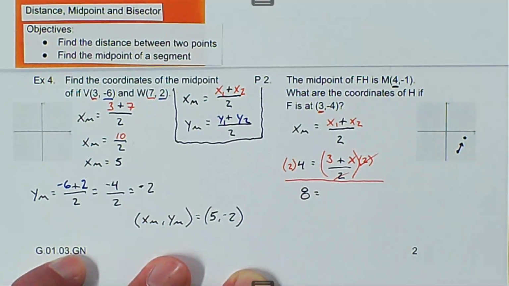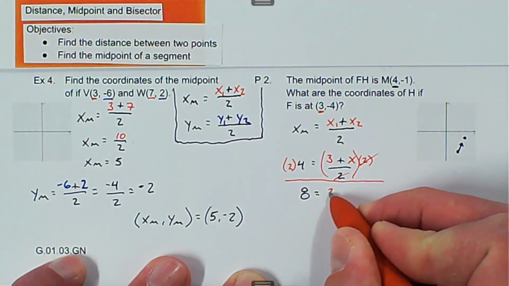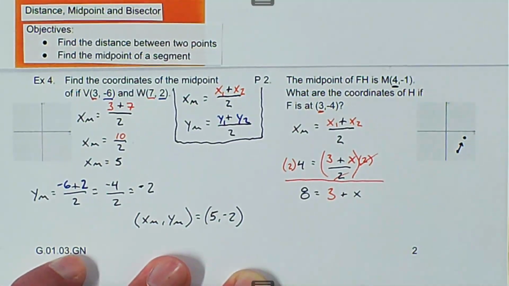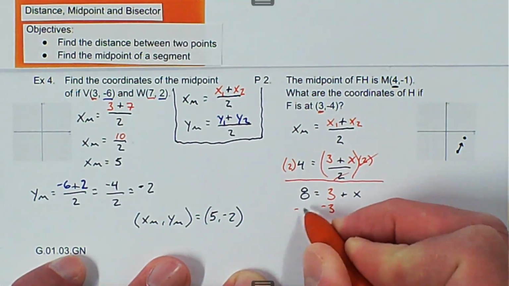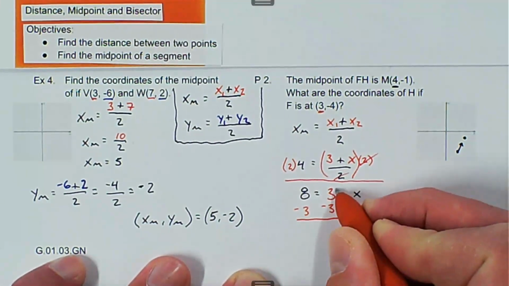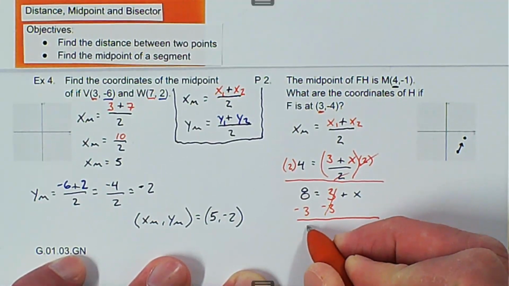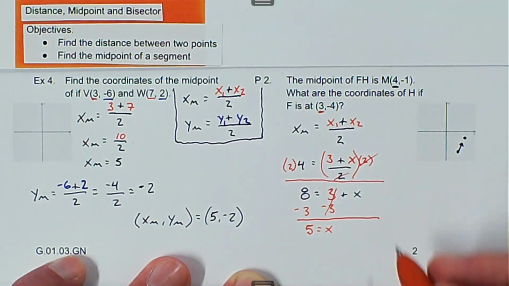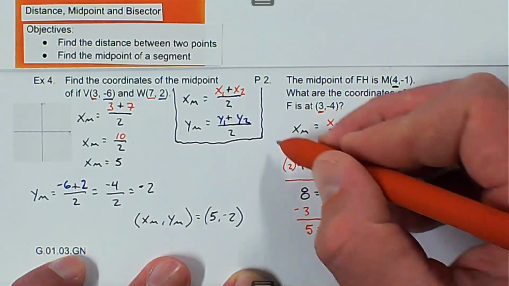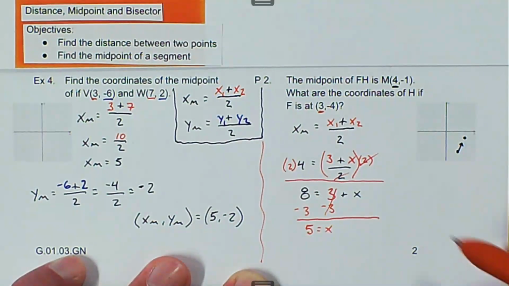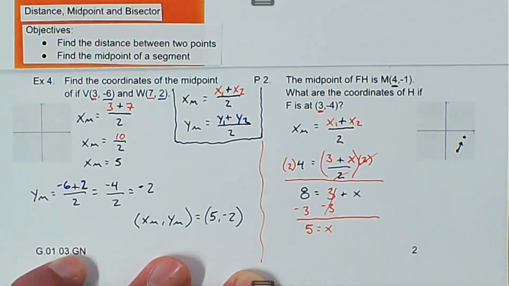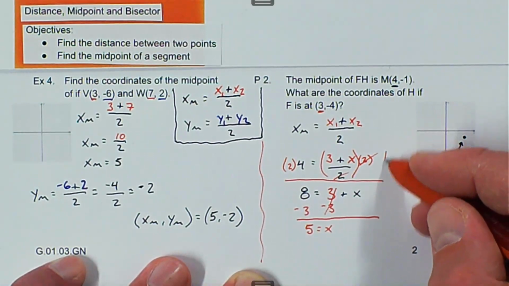And then we're going to be left with 3 plus x. Now we want to subtract 3 from both sides to get rid of that 3. And then we're left with 5 is equal to x. So that's going to be our other endpoint. That is the x midpoint work, and that helped us find our other endpoint there.